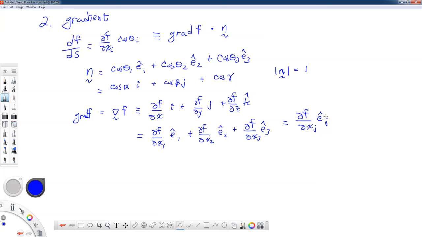Now when we take partial derivatives, we have kind of an interesting thing that we can do. We can pull that f out in front and have an operator operating on f. So let's take a look at this first term. We can think of this as the partial of something with respect to x1 that is operating on the function f, and its result is in the e hat 1 direction. And we can do something similar with these other terms here.